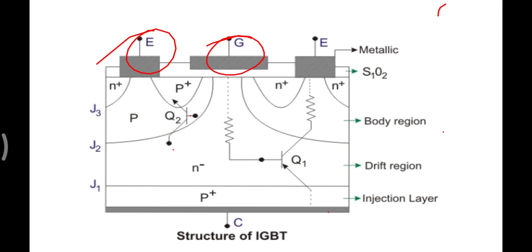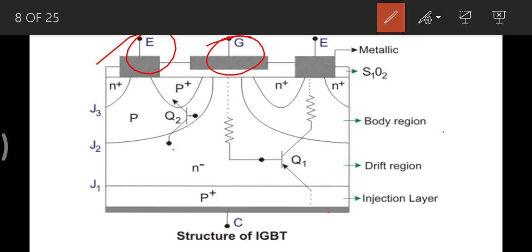See here, when the gate voltage is positive with respect to the emitter, and at the same time this voltage is greater than the threshold voltage, only at that situation does the current begin to flow towards the collector region. Up to now this device is in a turn off condition, okay?